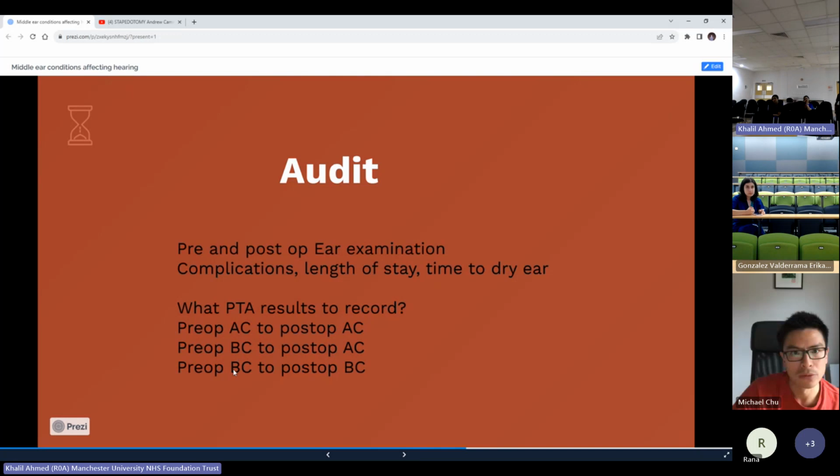And of course, bone conduction before and after the op is a measure of complications. So with any ear surgery, especially ones involving drills, like mastoid drills, you often find that the bone conduction at the high frequencies comes down. You've given them noise-induced hearing impairment from your drill. So usually 8 kilohertz, 4 kilohertz, definitely drop.